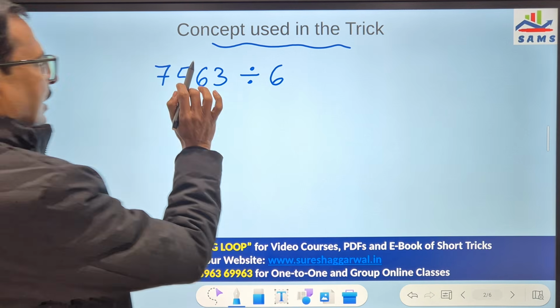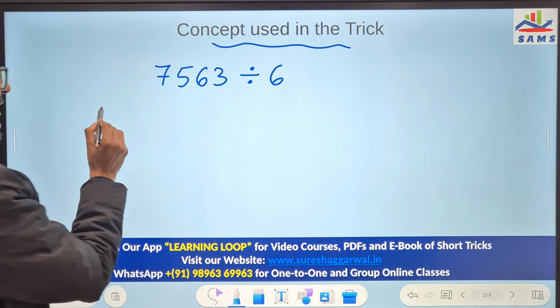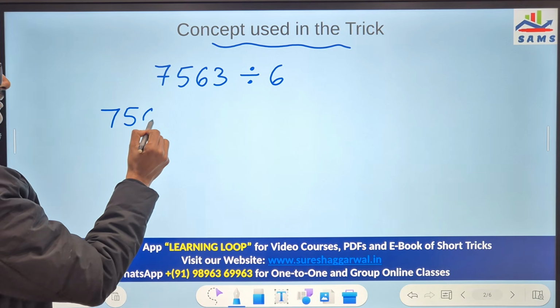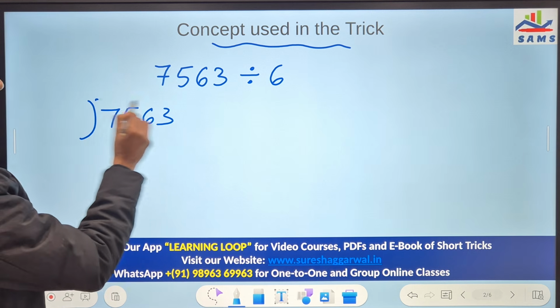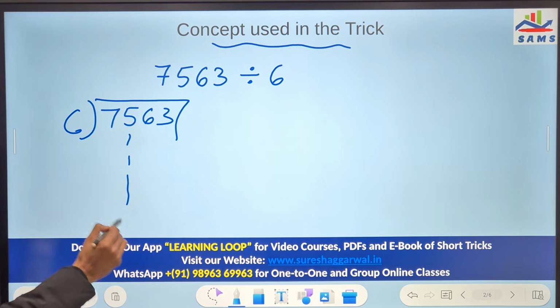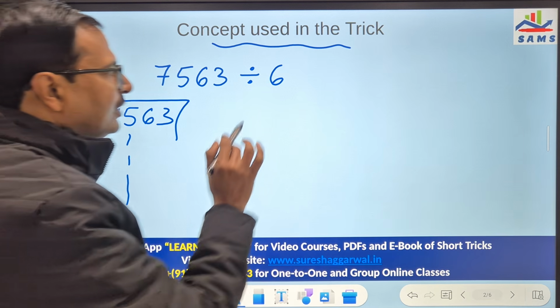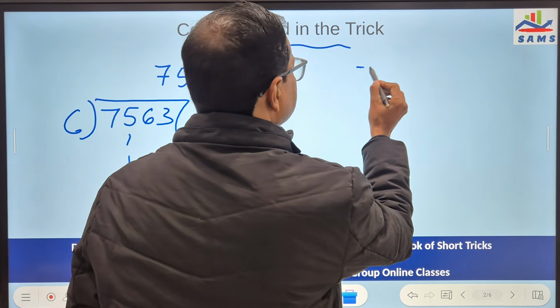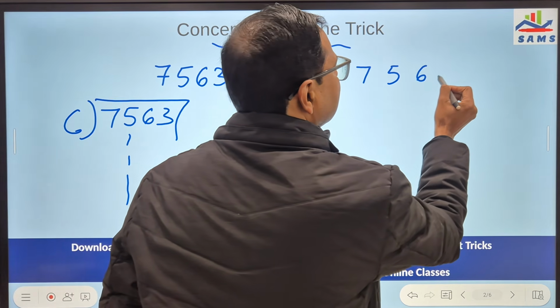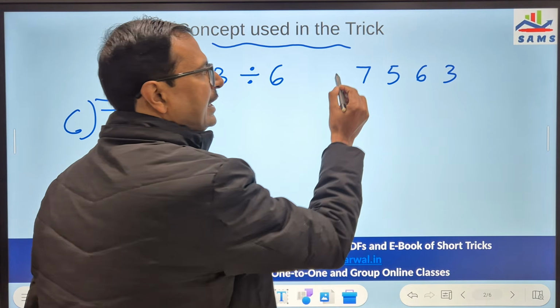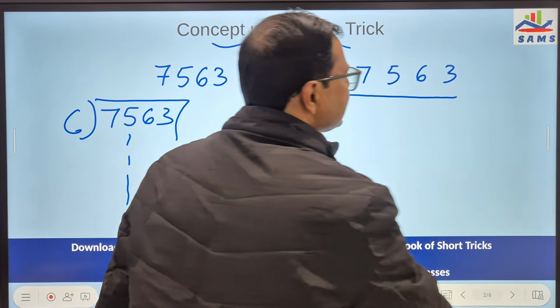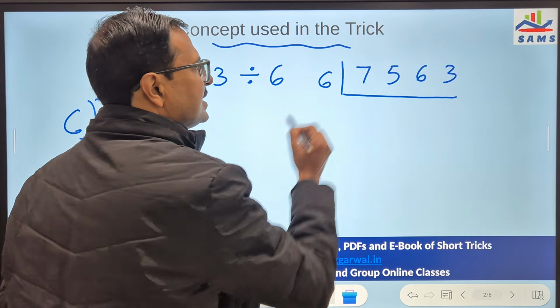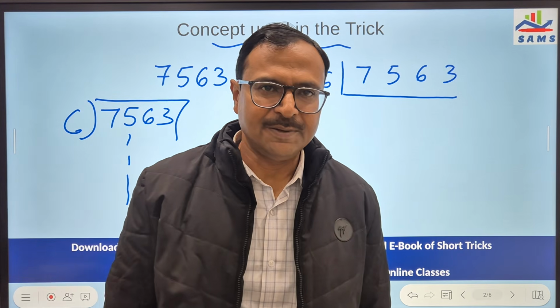Now instead of writing this the traditional way, 7563, and then dividing it by 6 and then performing all those steps vertically, what I will do is I will write 7, 5, 6, 3 by leaving some gap in between and then place it like this and put a 6 here on the left hand side.